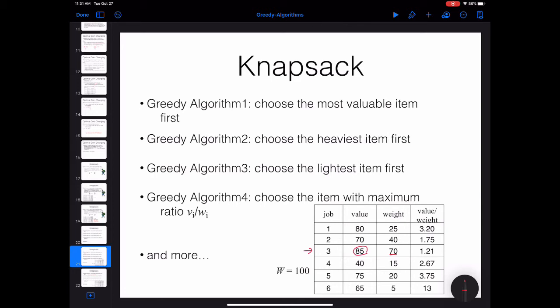And after this, the next most valuable item you can take, whose weight is still going to be less than 30, is object 1, right? So I'm going to take 3, I'm going to take 1, and we are going to have 5 more kilograms to fill.